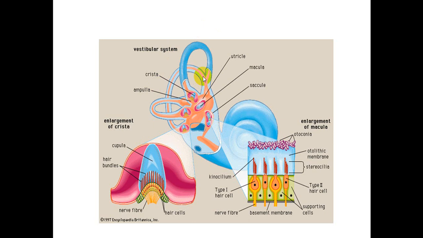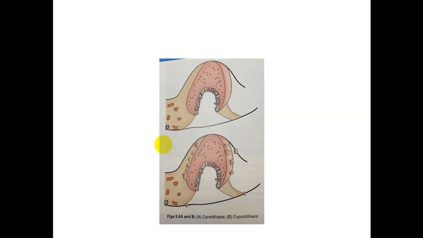So, if these crystals fall into the posterior semicircular canal, it is called canalithiasis, and if they accumulate over the cupula of the crista ampullaris, it is called cupulolithiasis. They cause movement of the cupula, and any movement of the cupula can provoke vertigo.